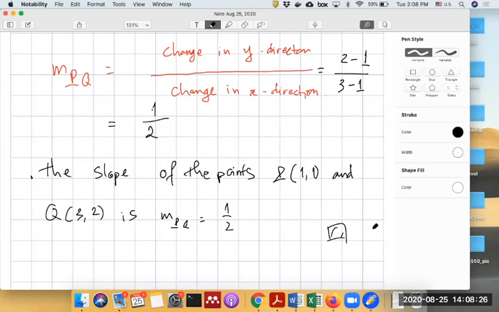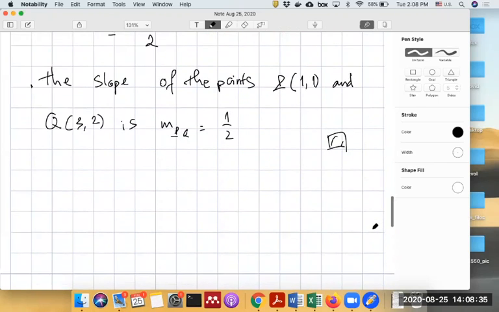Okay. Now, let us move on to an example about the secant lines.